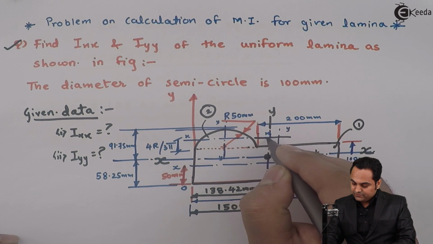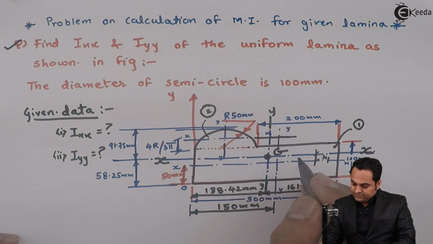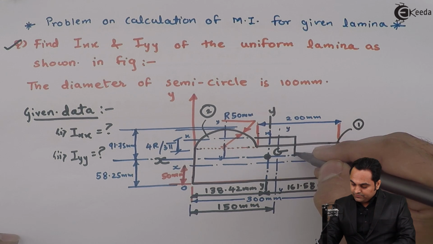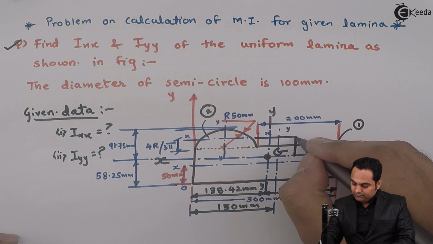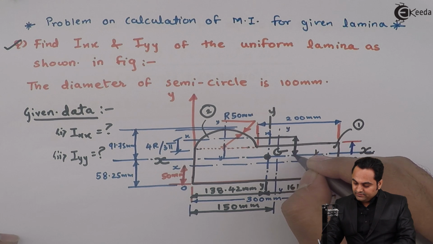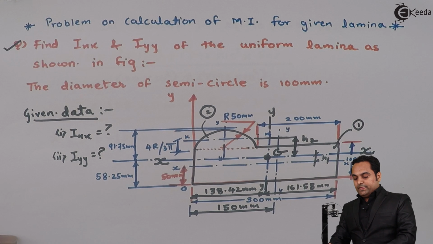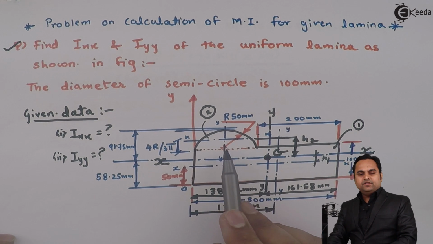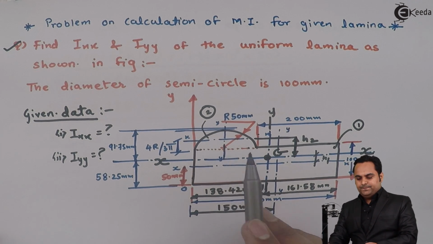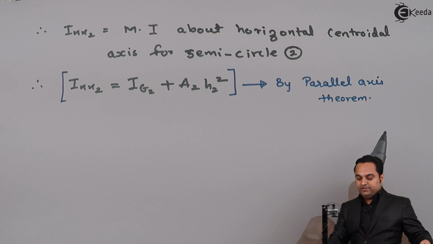This is the x-axis for the semicircle and here is the x-axis of the complete system. So there is the difference between both of them, and that difference would be called as H2. So again, as there is distance, we have to use parallel axis theorem. So we have written the formula here.